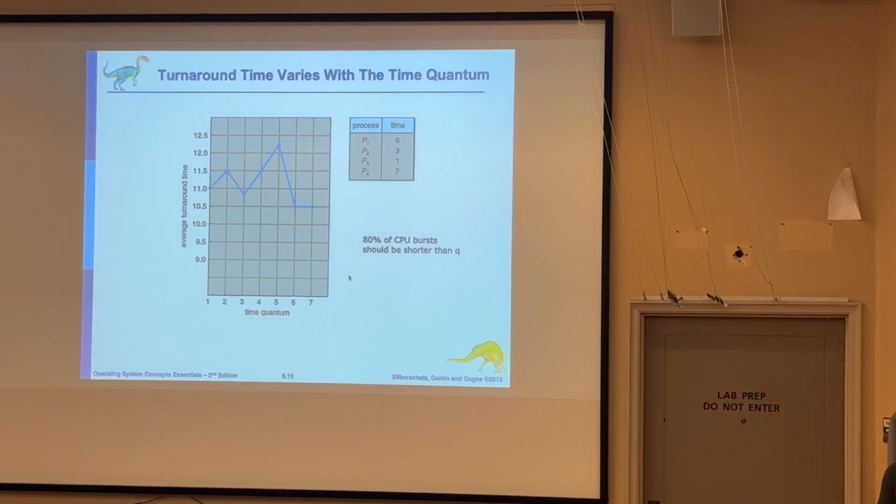The empirical decision people made is that if about 80% of the CPU bursts are shorter than your quantum time slice, then you have a pretty good result using your scheduling algorithm. That's how people select this quantum. You can profile the programs running on your computer, check their CPU burst durations, and make sure your selection of quantum is longer than 80% of their CPU bursts.